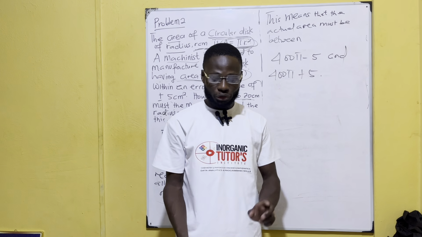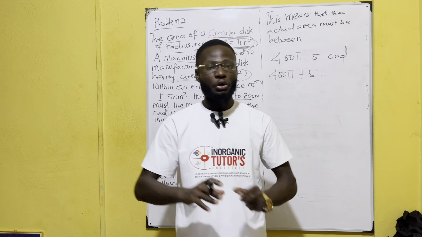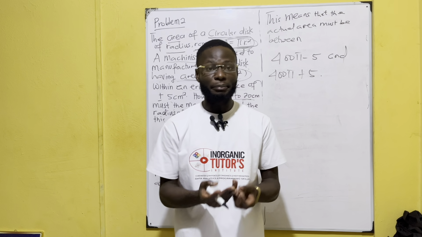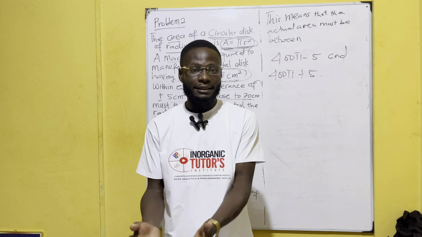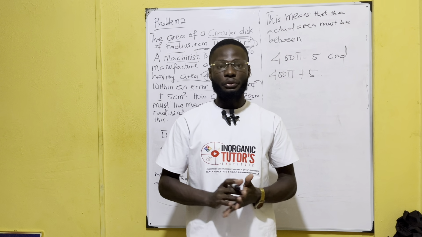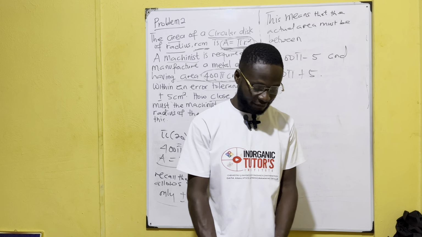So what we are going to do is take the very small one, compute the result, then we have the minimum value of the radius, then we take the largest one, compute the maximum radius, then we see what we have.